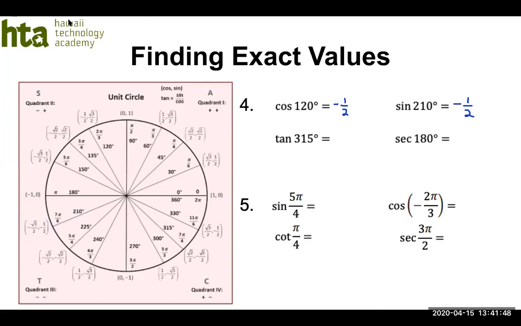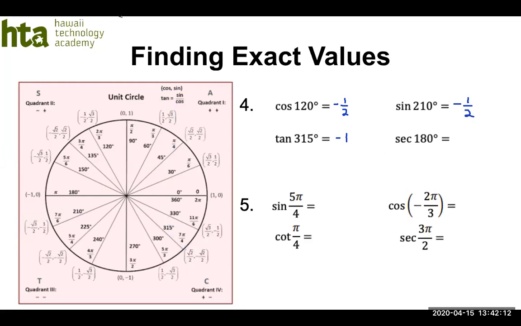Well, let's locate 315. 315 is here. So we're focused here. And we just kind of did this one in the previous example. We are going to take the tangent, which means the sine divided by the cosine. So negative rad 2 over 2 divided by positive rad 2 over 2. That just comes out to -1 because it's the same thing divided by itself.